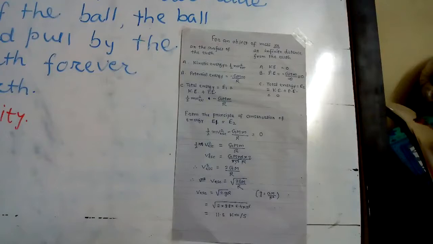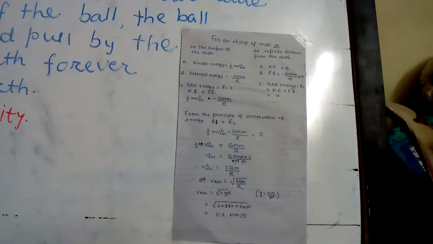So half m v escape square is equal to GMm upon R. The 2 is in division, it will go to multiplication, and divided by m upon R. m is in division, so m gets cancelled. V escape square is equal to 2GM upon R, that is remaining.